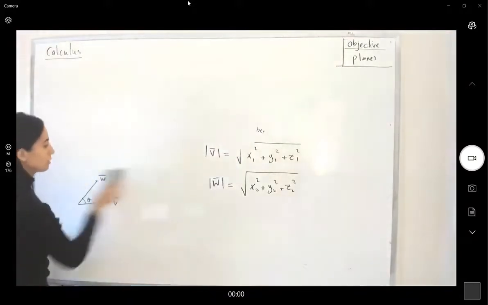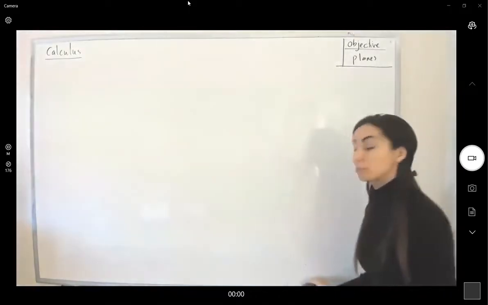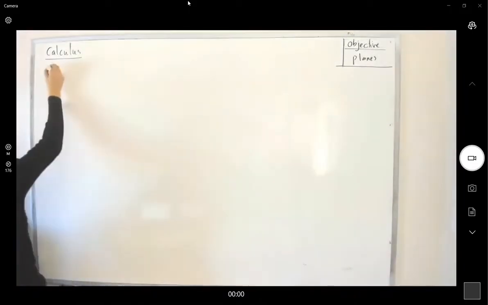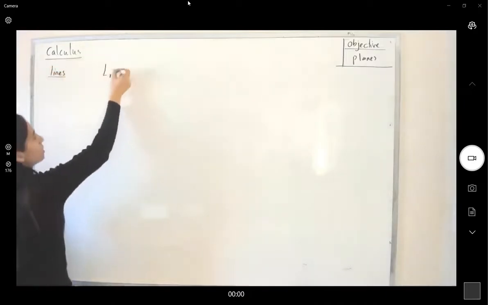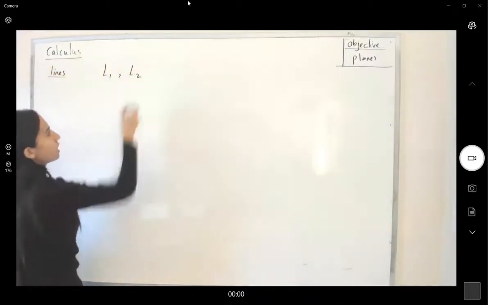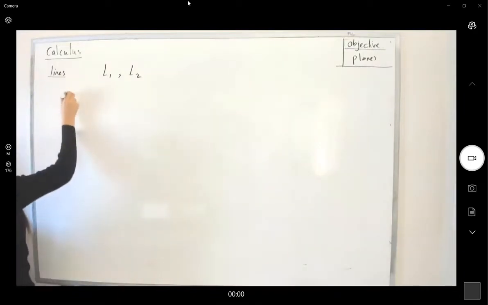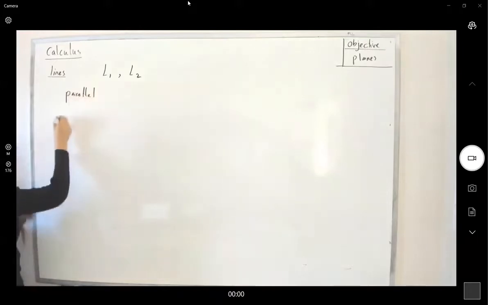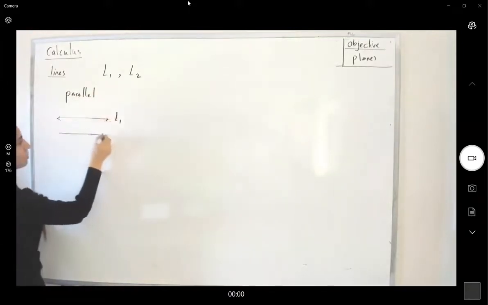So last time we talked about the relation between two lines in space. We said that if you have lines like L1 and L2, they have the following relations between them. You either have parallel lines, it means that L1 is parallel to L2.